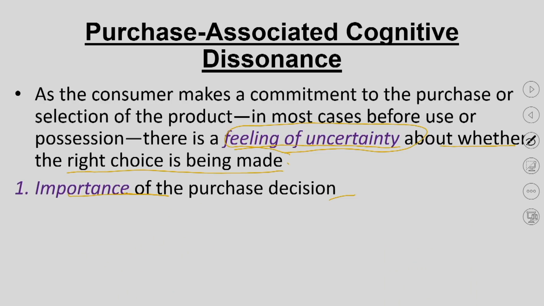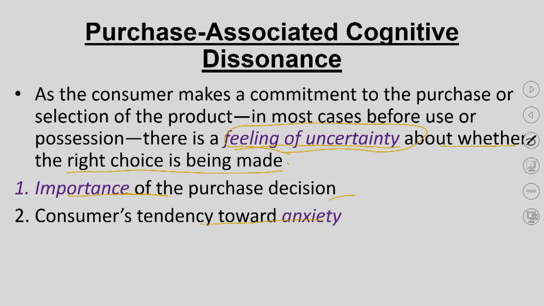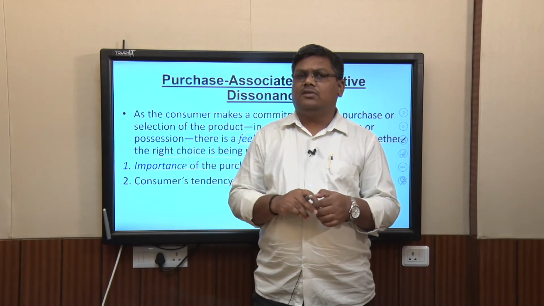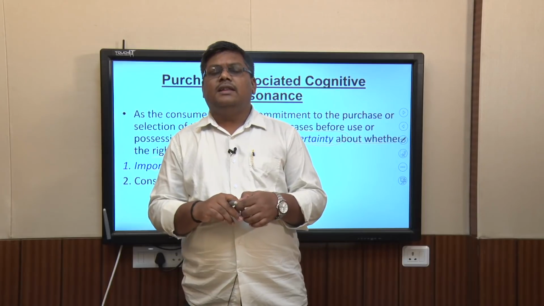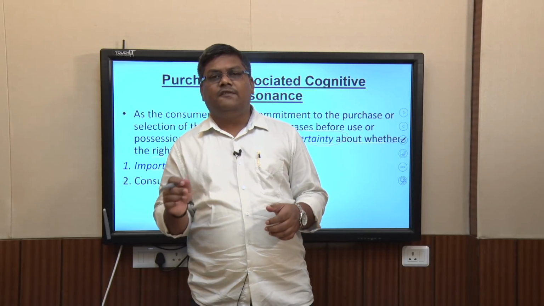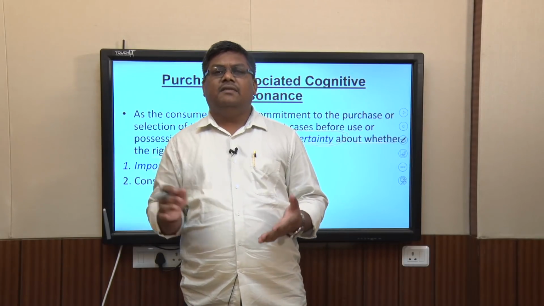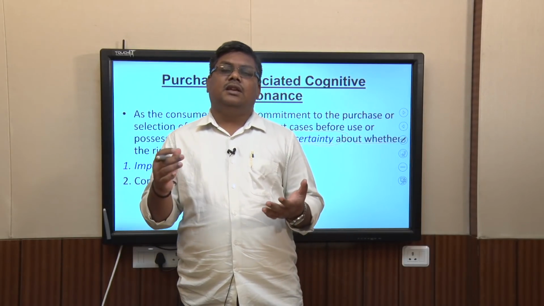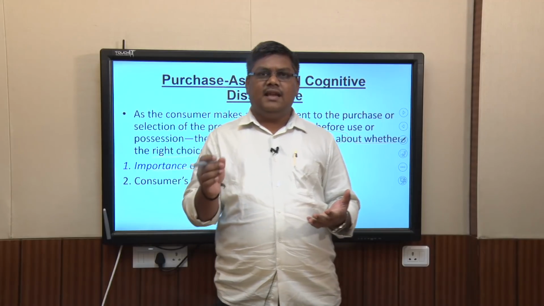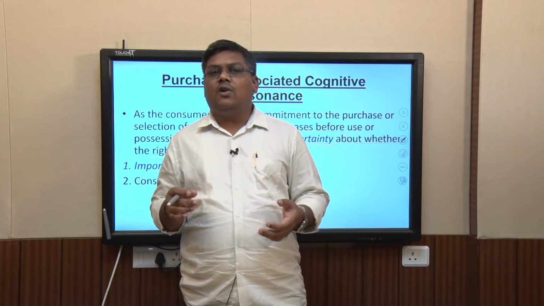And so this cognitive dissonance increases. The second thing is, some consumers are anxious by nature, and there is something in psychology which is called generalized anxiety disorder, and so there are classes of people who have free floating anxiety. Free floating anxiety is a state where people are anxious because they do not have a source of this anxiousness, and so there are a class of people who are always anxious.